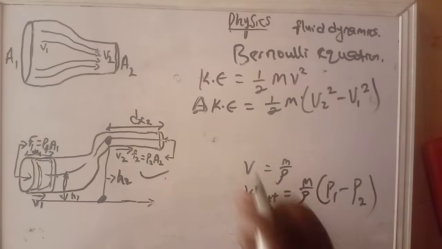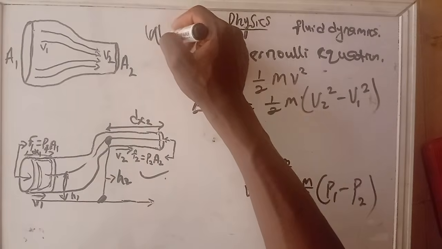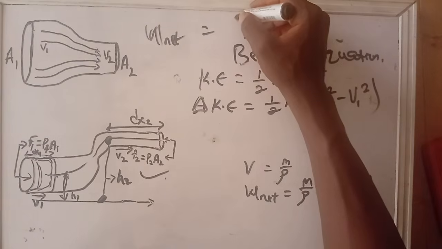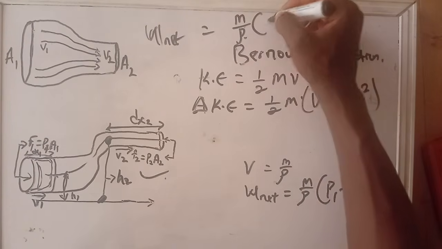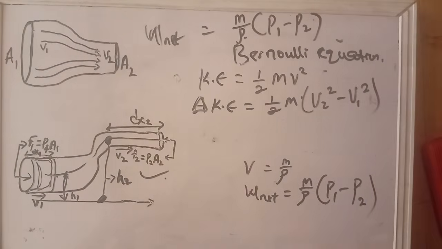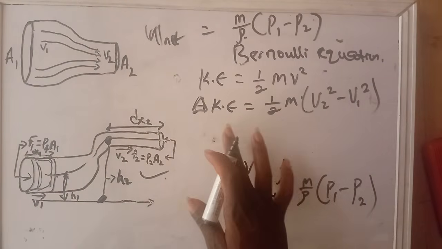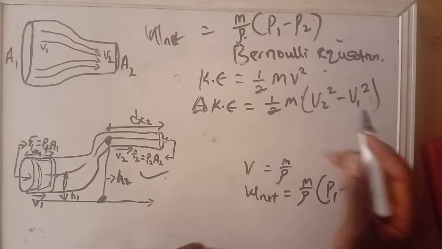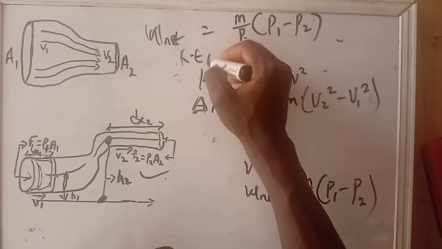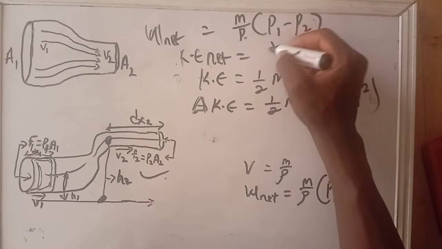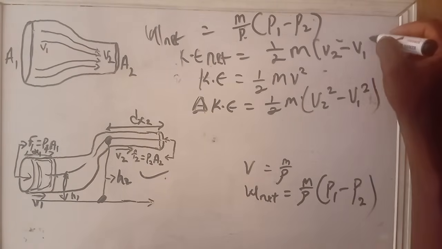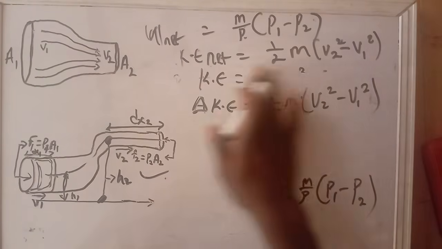Are we together? Don't forget we have our W net to give us mass over density into P1 minus P2. Whether P2 minus P1, there is no problem. So we also have our net kinetic energy to be 1 over 2 m into v2 squared minus v1 squared. Are we together?